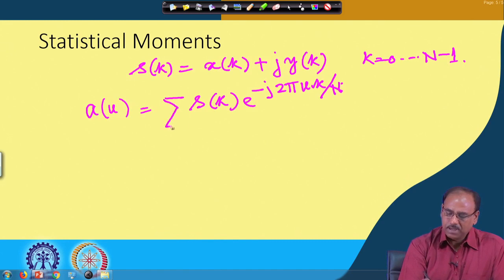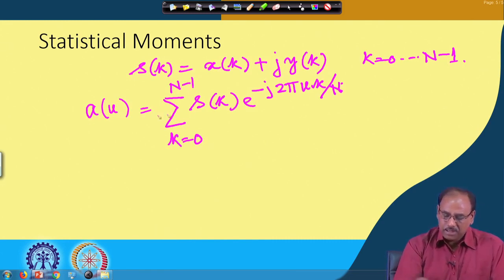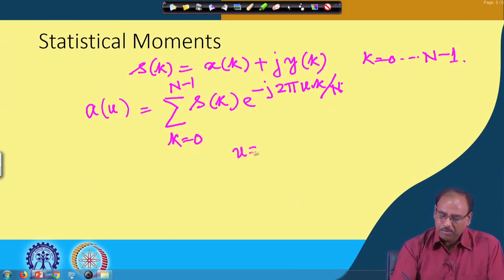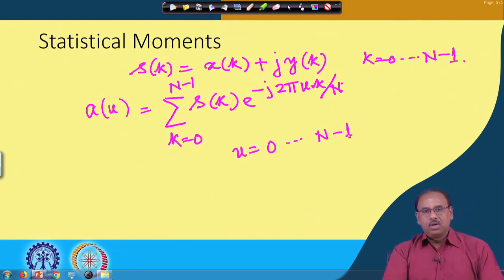Take the sum of this over k equal to 0 to capital N minus 1. And this I will get for all values of u varying from 0 to capital N minus 1. So, as I have capital N number of points in my sequence, I will also have capital N number of coefficients, and the magnitudes of these coefficients give me useful information of the shape of the boundary.